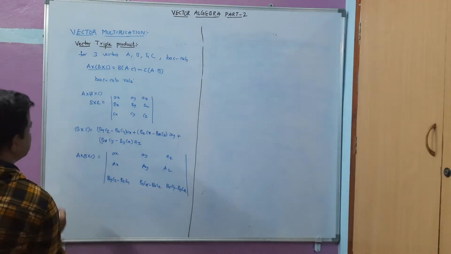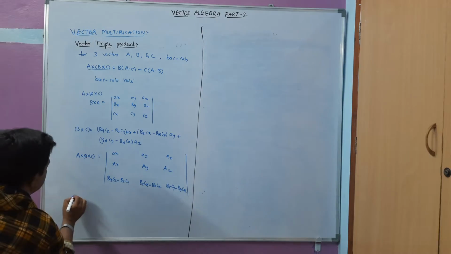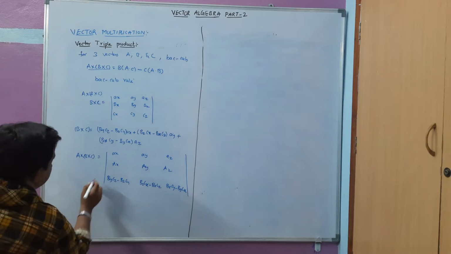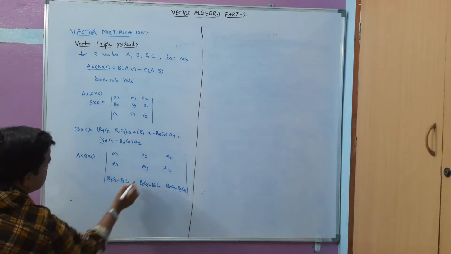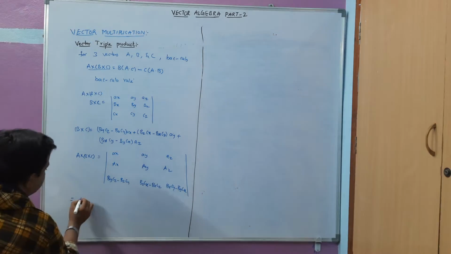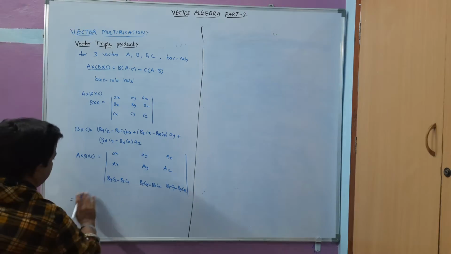This determinant is very easy. AX, this into this minus this, so I will directly multiply here.